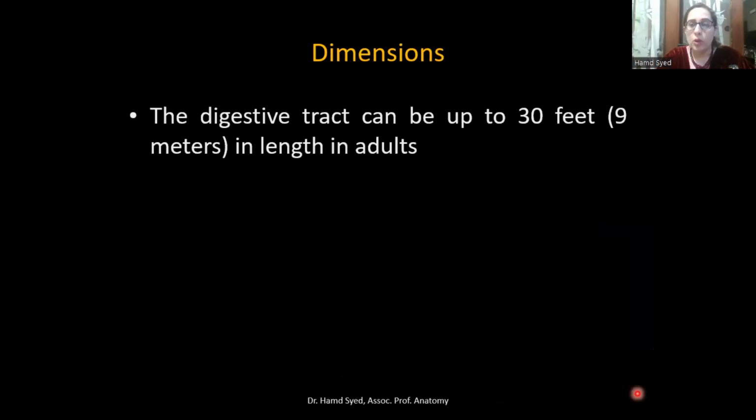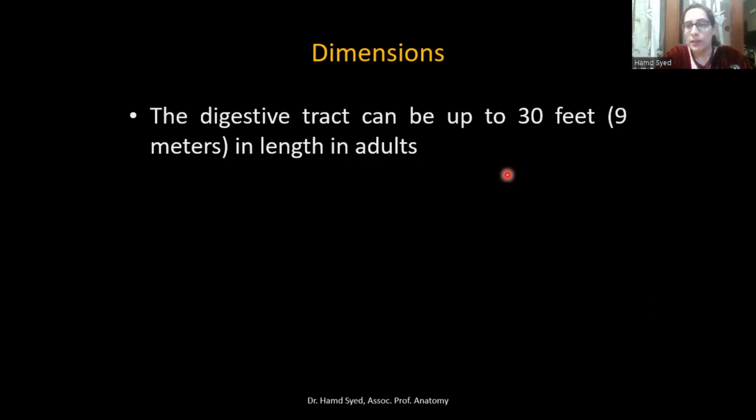Okay, so when we talk about the small intestine, first we're going to look at the dimensions of the digestive tract. You should be well aware of the fact that our digestive tract is a total of about 9 meters in length. And this is the measurement in the adults. And within this 9 meters, the contribution of the small intestine is the greatest.